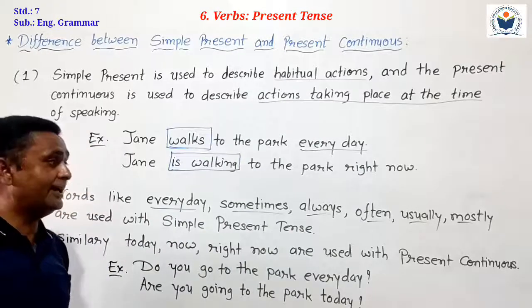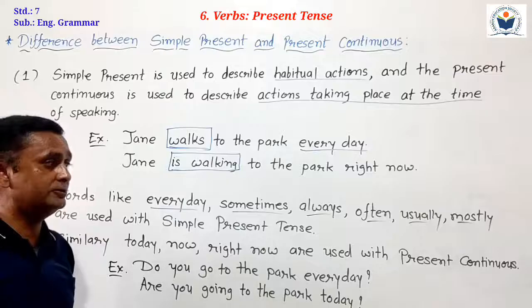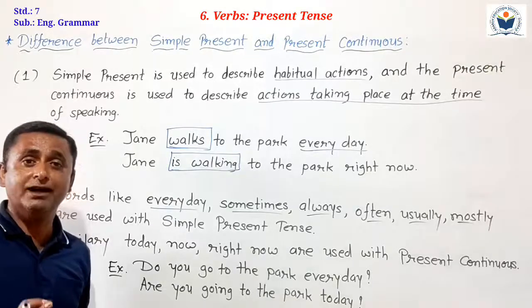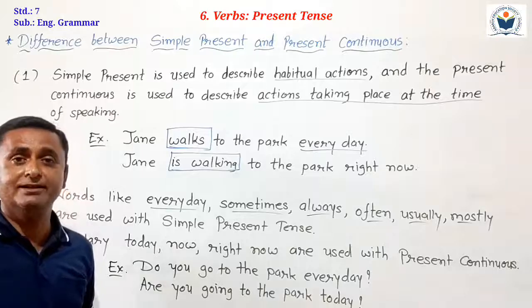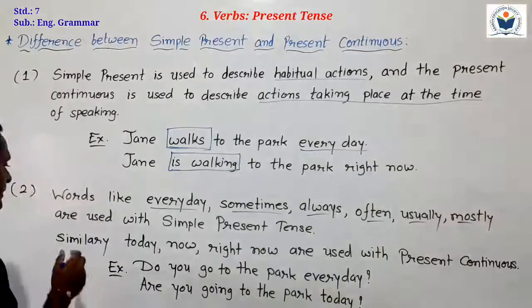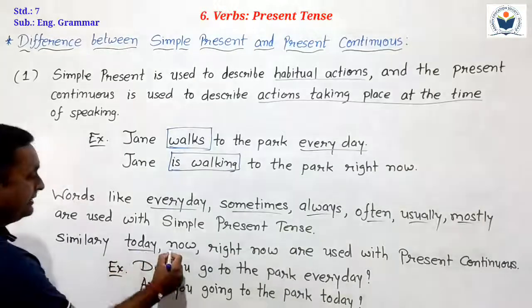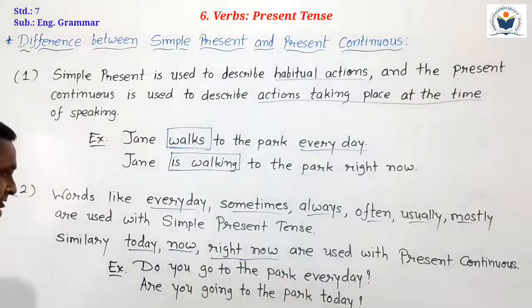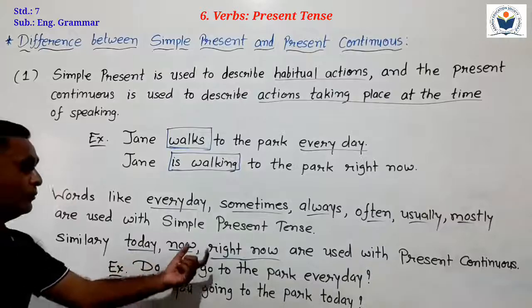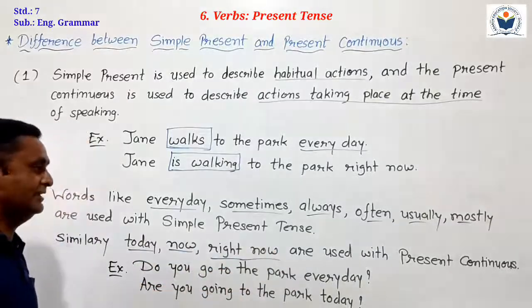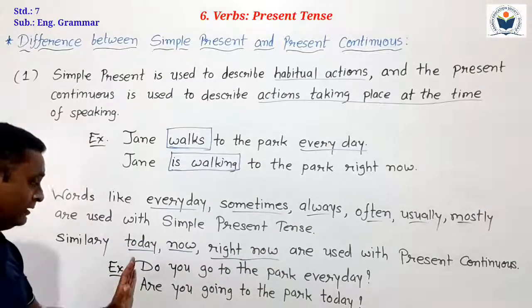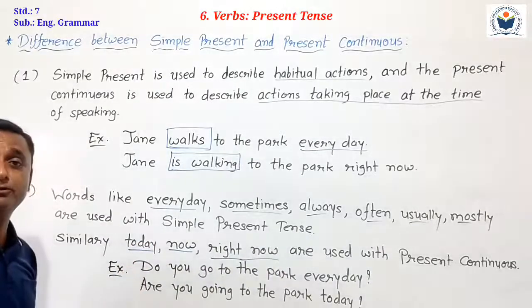On the other hand, today, now, right now are used with the present continuous tense. So you also have to keep this difference in mind. We understand it with two examples.